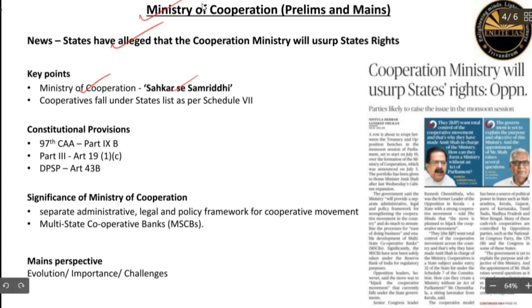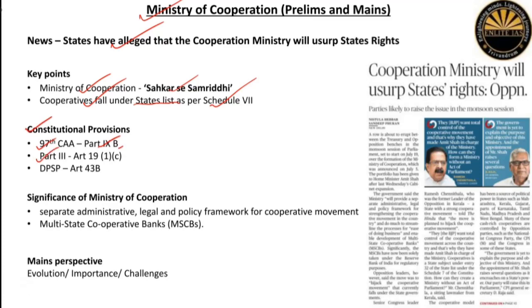And the states have alleged that the center aims to hijack the cooperative movement across the country, primarily because cooperatives fall under the State List as per Schedule 7. So we have to know the constitutional provisions of cooperatives in this context. Cooperatives were given constitutional status through the 97th Constitutional Amendment Act, which created a separate Part 9B for cooperatives.